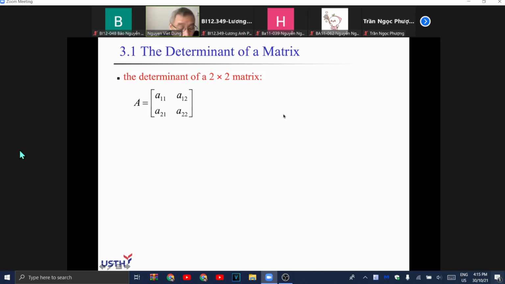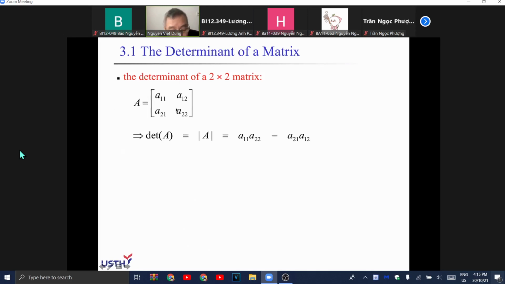Here we begin with the first case. The determinant of a 2 by 2 matrix is as follows. Suppose that A is a 2 by 2 matrix with entries like that. Then the determinant of A is A11 times A22 minus A21 times A12.